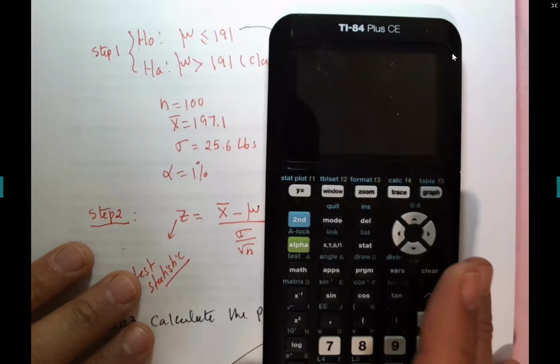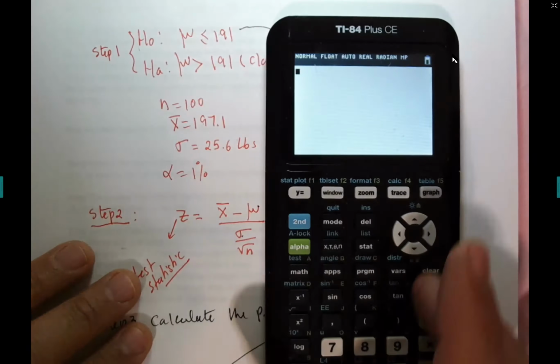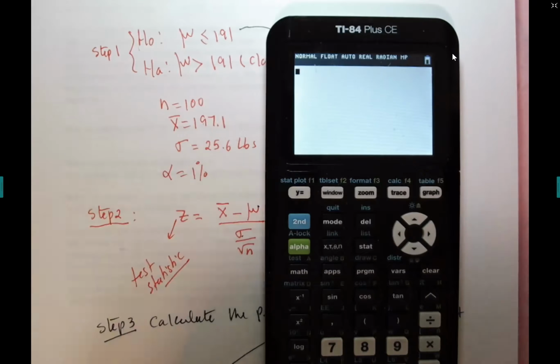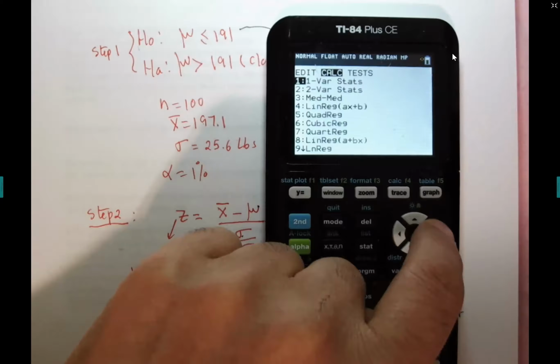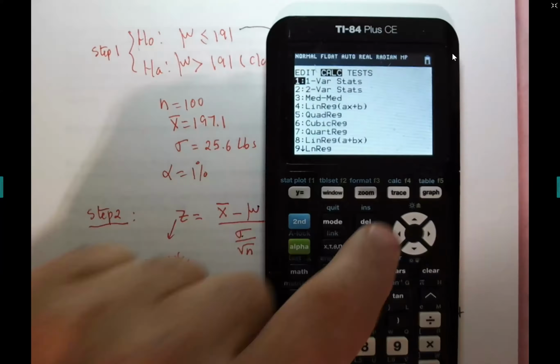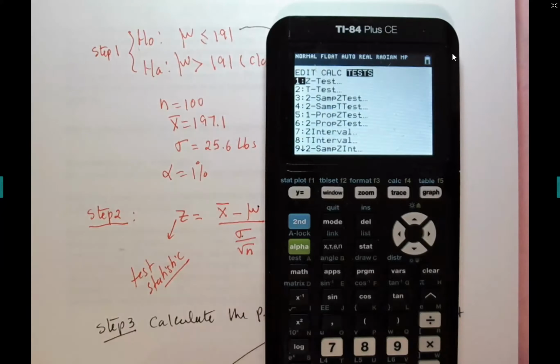Ready for that? So turn the calculator on. Whenever we went to do chapter 6, it's going to be in the same place. So you press on stat and you go to tests. Guys, we're not doing intervals anymore. We're performing tests. So you're going to look for the words that have tests.